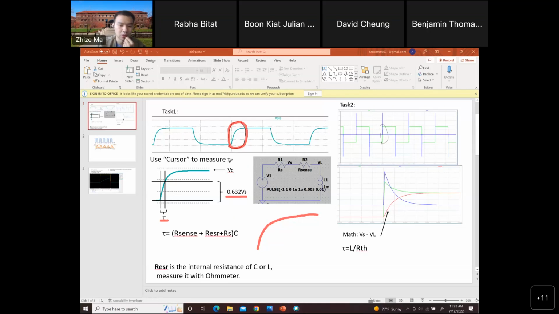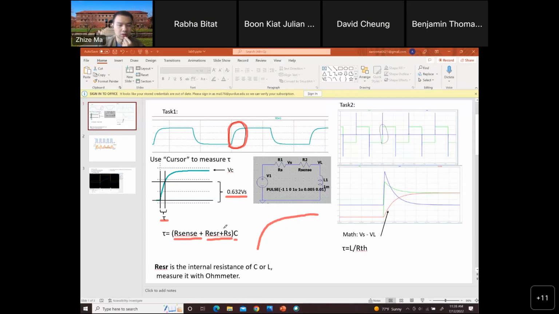the time constant tau. After you measure the time constant, you know the RESR and you know the RS, so you can calculate the capacitor, and also the R sense. The RS here is the internal resistance of the function generator.